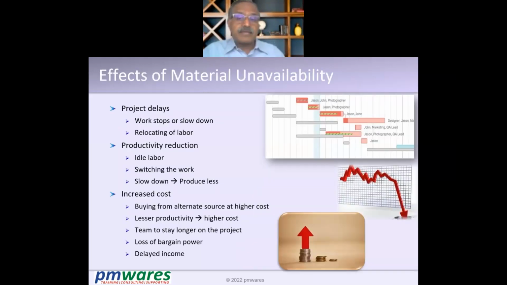Now look at it. If the material is not reaching or is not available on time, what will happen? The work will either stop or slow down. Like in the previous case, the work stops. In case number 1, the work is already delayed.